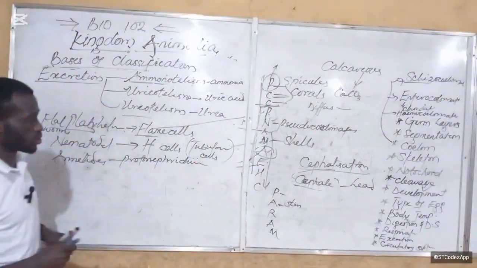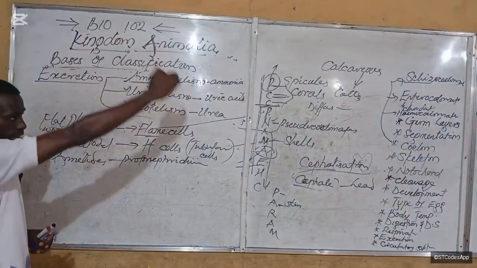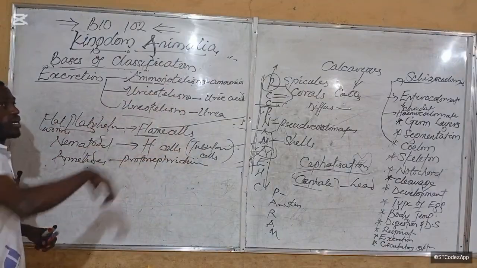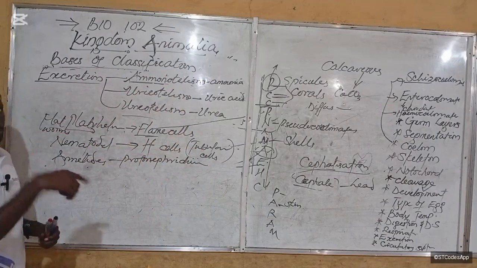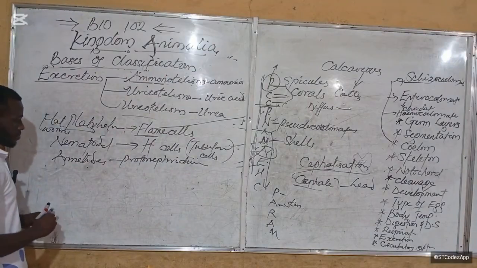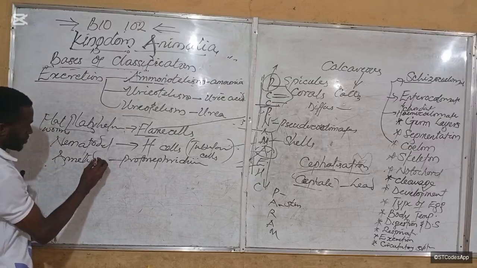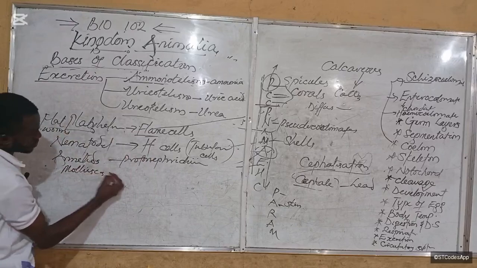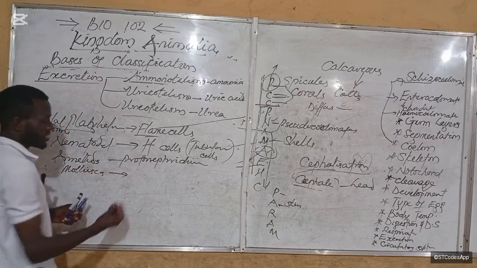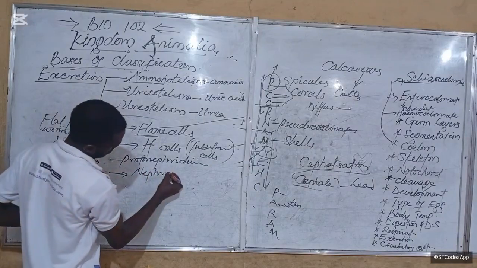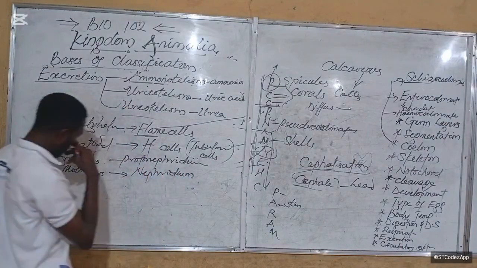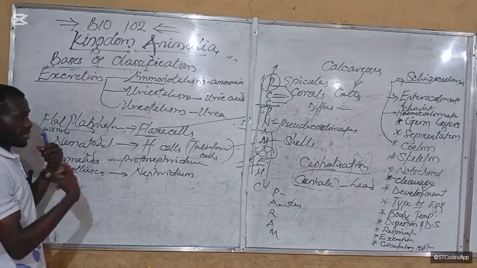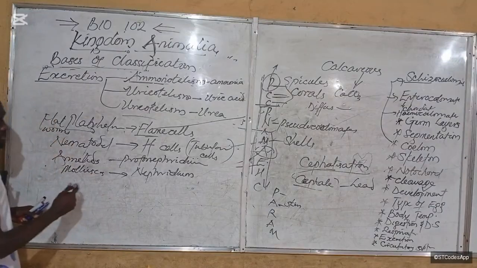I've initially talked about excretion using comparative anatomy by evolutionary advancements. Annelids. Then mollusks, they use different things, but majorly nephridium.